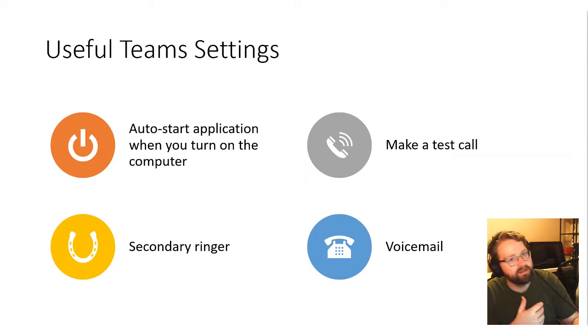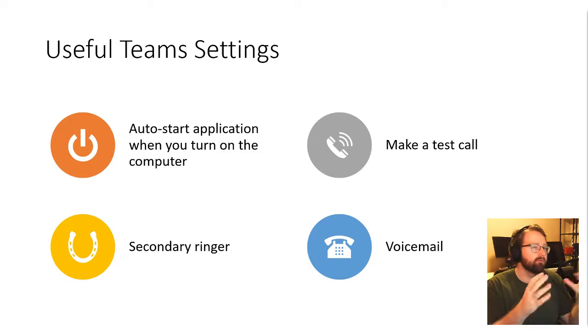For instance, if you put it down to make a meal or something, having a secondary ringer will allow the ringing from Teams to come out of a second speaker. So you can have it come both out of your headphones and out of your laptop's audio too, which is helpful if you've gotten up and you've taken your headset off. It'll ring out of your laptop as well, so you'll be able to hear it.